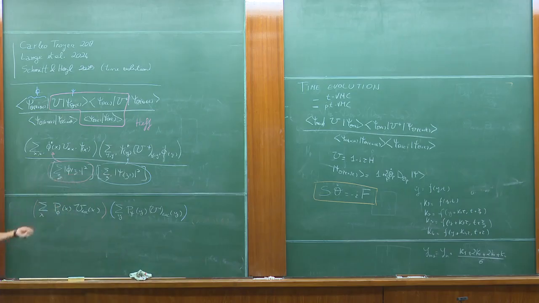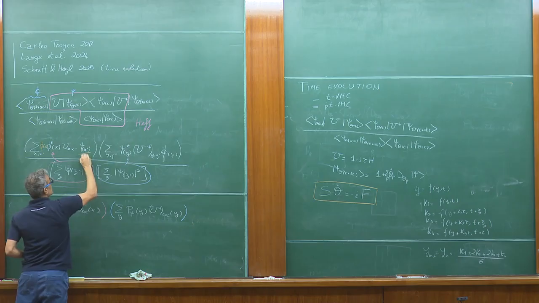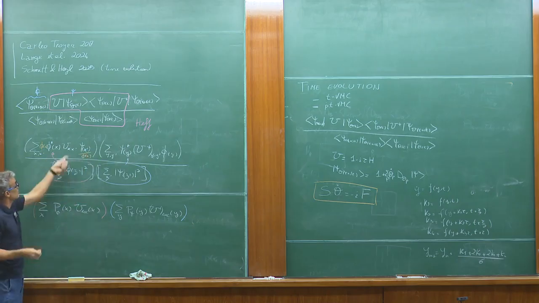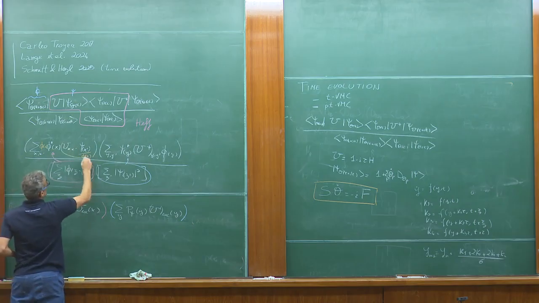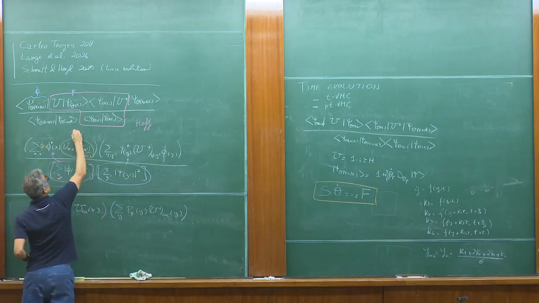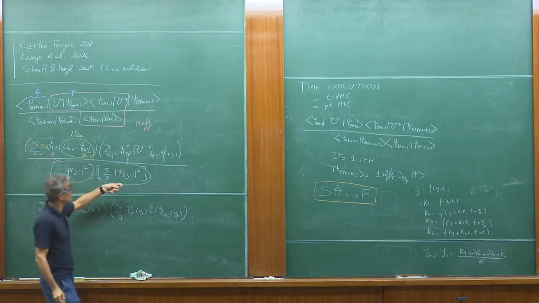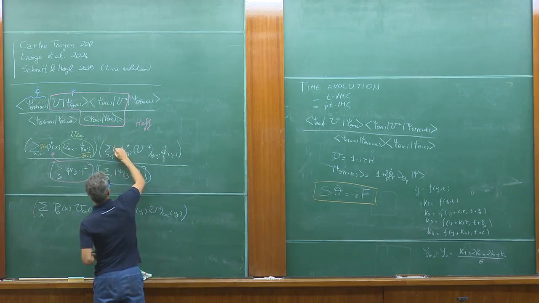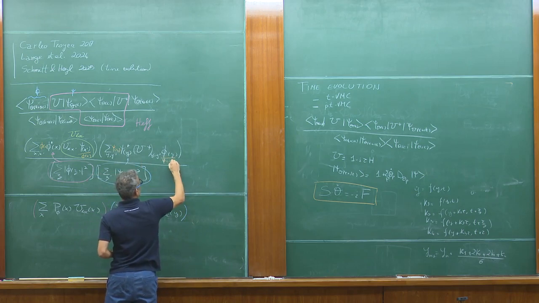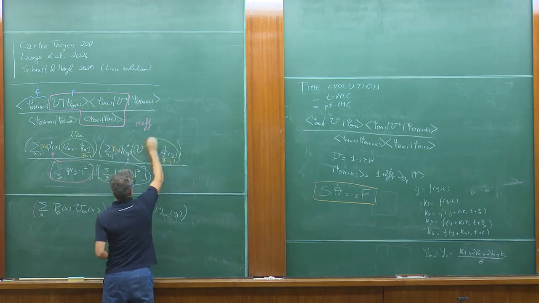So you bring it inside here, then you do the same trick, you multiply and divide. I multiply by phi of x, divide by phi of x. I get E log. This portion here would be E log, U log. And here I get the probability from this over this. And similarly here, I can multiply and divide by psi of y, and then you get the other U dagger log.